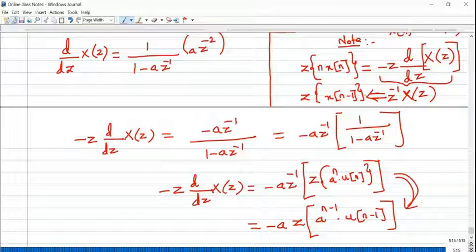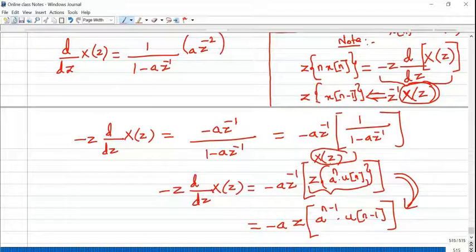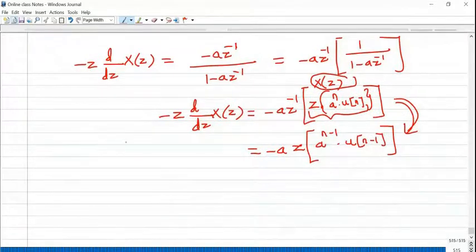If we apply this time shifting property, the Z transform of x of n minus 1 equals z inverse of x of z. In this example, assume this is your entire x of z. So z inverse of x of z results in the Z transform of x of n minus 1, where x of n is a power n u of n, so a power n minus 1 u of n minus 1. Finally, we obtain the expression.